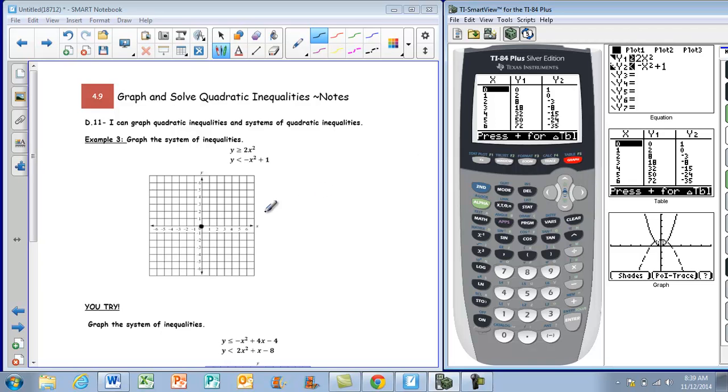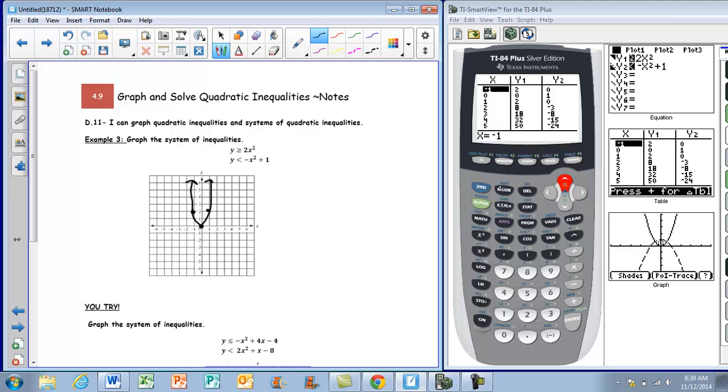If I just move up 1 to each side, this y1 will be for the y is greater than or equal to 2x squared, and the y2 is for your values for the other graph, the negative x squared plus 1. So if I take a look at 1 over 1 up to 2, and on the other side, -1 up to 2, this is going to be solid.